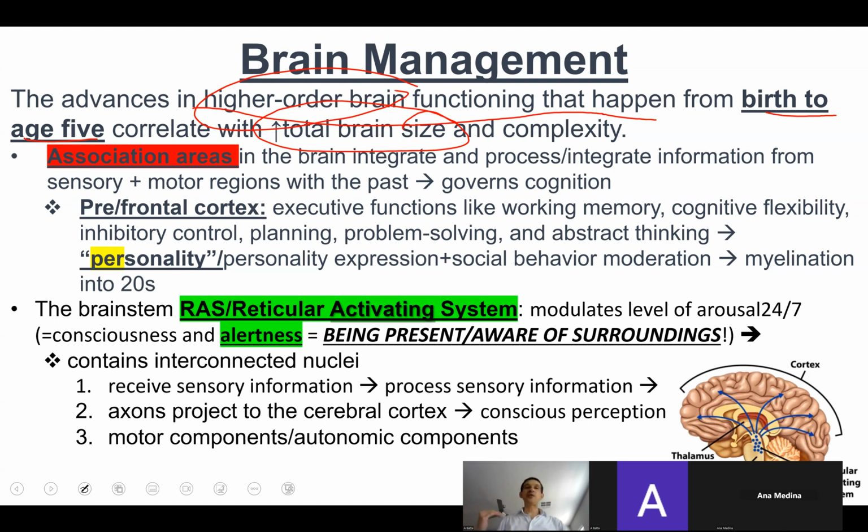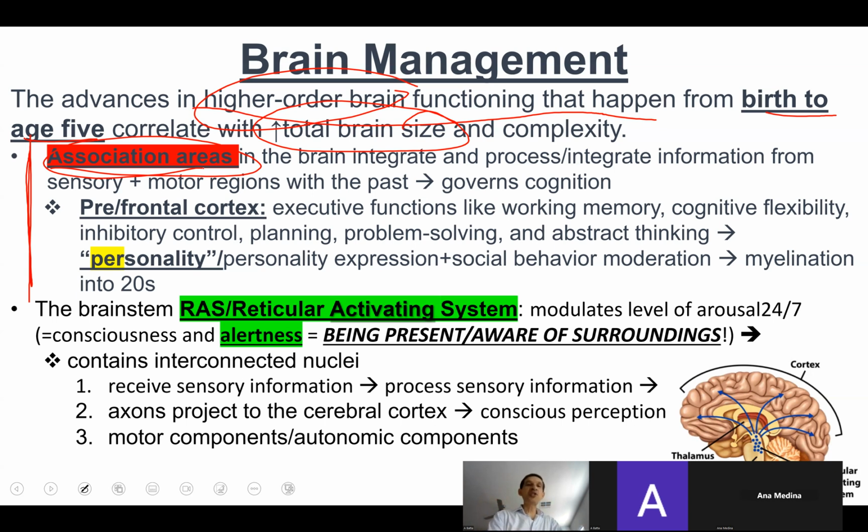Higher order brain function develops very, very rapidly. And higher order brain functions, we call them association areas, because what these areas do is take information from one very specific area, take information from another very specific area, and bring them together, so you can make a judgment and a decision that best benefits you as you know it.